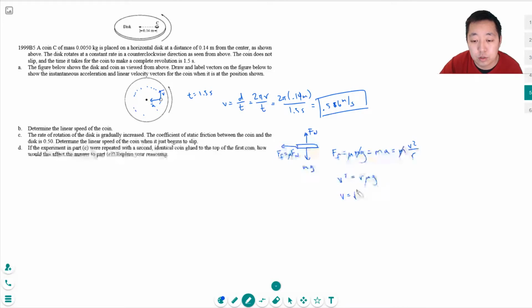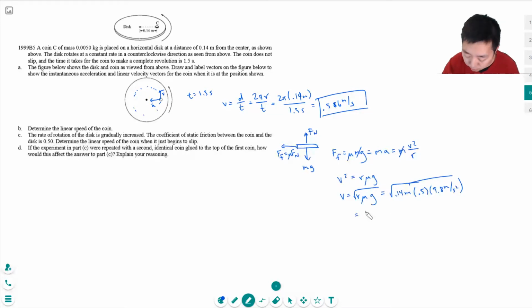So v is equal to root r mu g. The radius is 0.14 meters, mu is 0.5, and g is 9.8 meters per second squared. This will be meters squared per second squared, and the root of that will be meters per second. So 0.14 times 9.8 times 0.5, and the square root of that, I get v is equal to 0.828 meters per second.